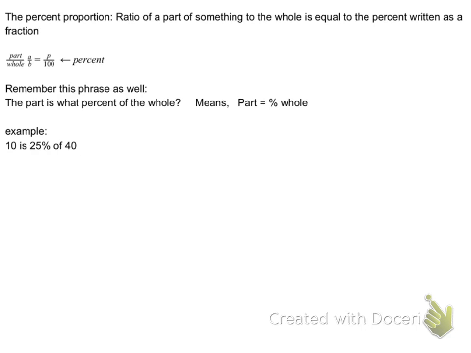Okay, this is the percent proportion. It's a ratio of a part of something to the whole is equal to the percent written as a fraction. So they have here this little phrase that you got part divided by whole. That's just the naming of it.